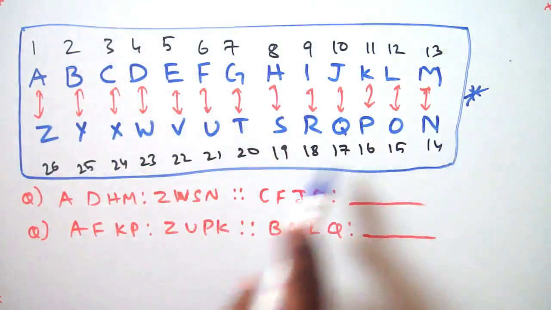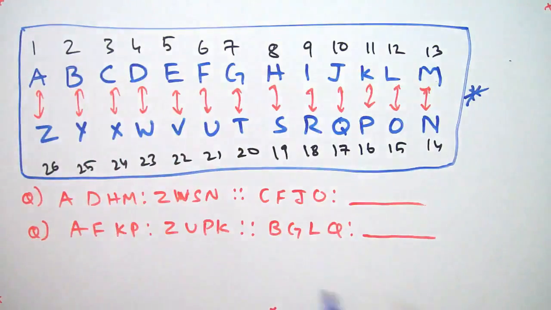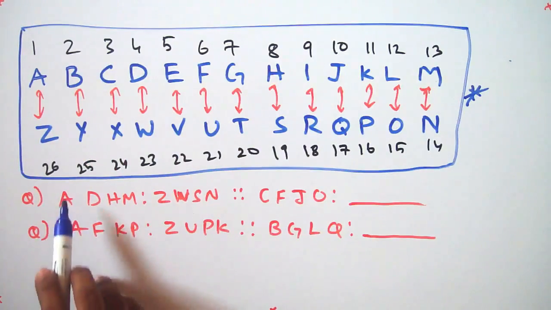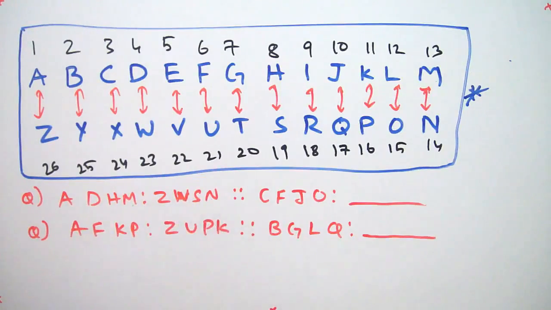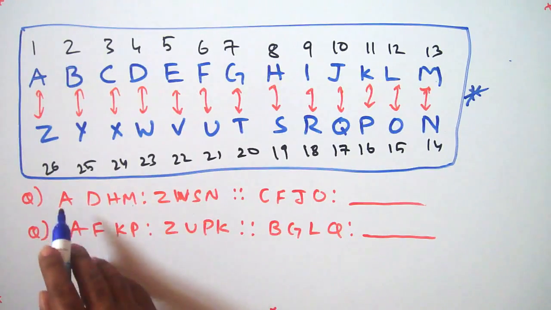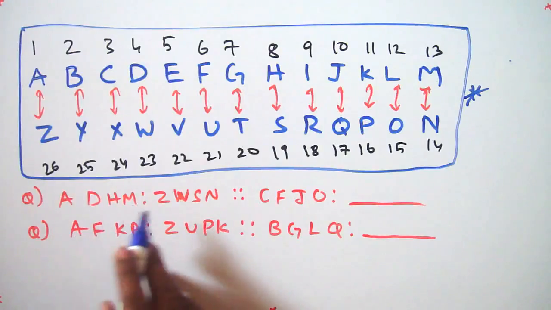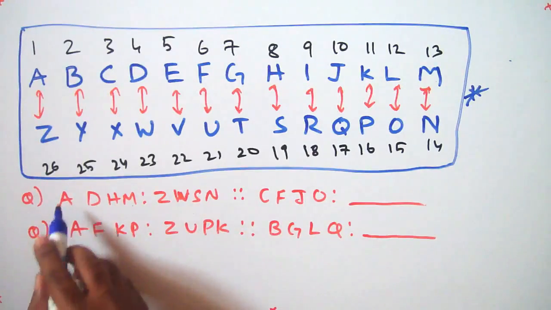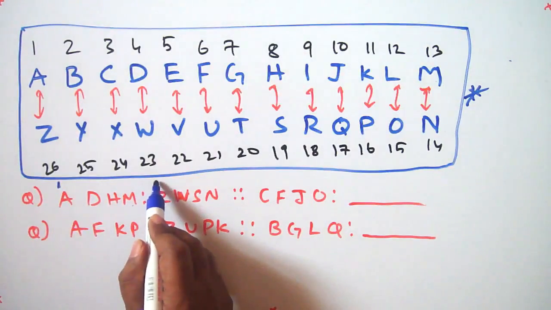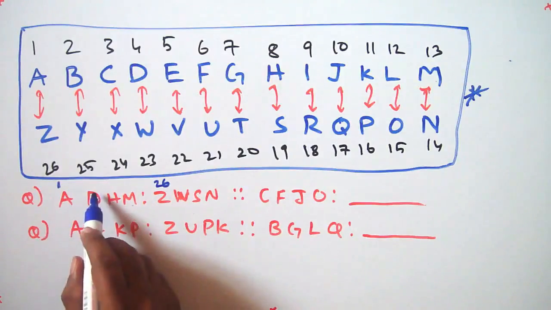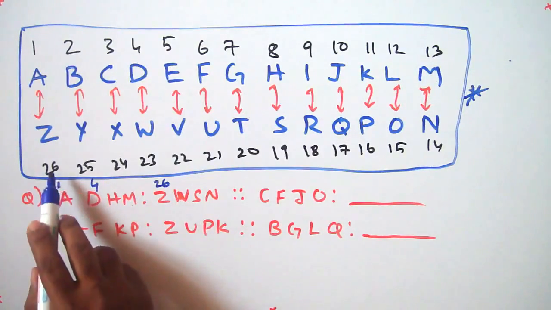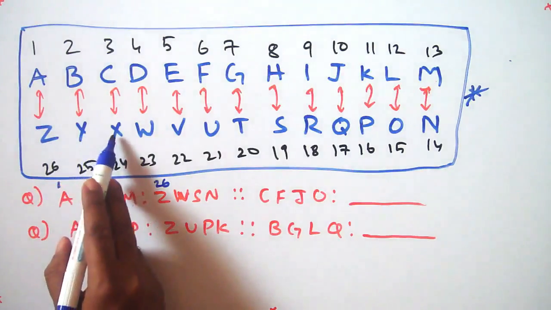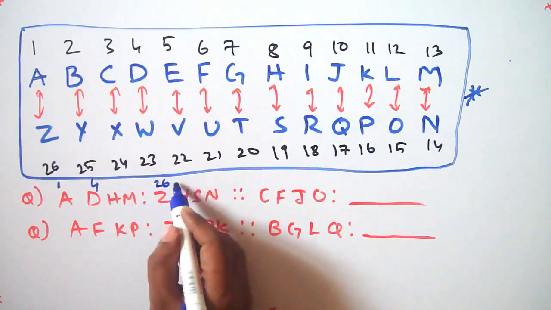See, if the question comes ADHM is to ZWSN, we don't get any order from here. The only order we get is A is the first number and Z is the last number, that is 26, and D is 4. From the backside we have to count Z, Y, X, W, 23.